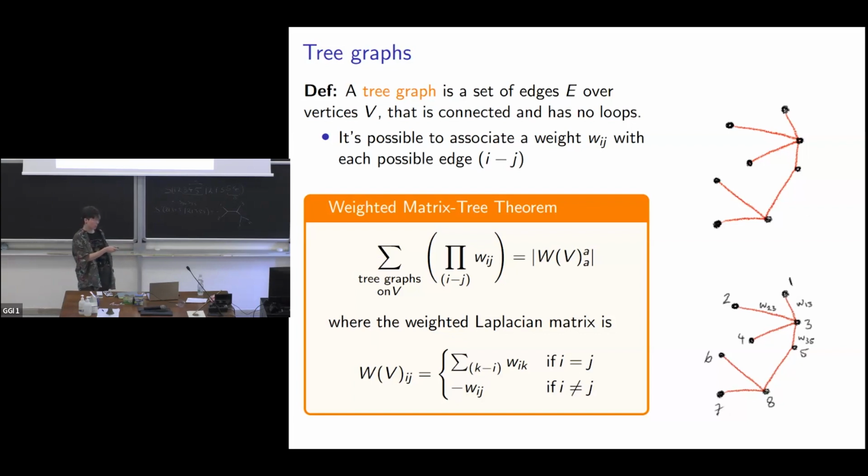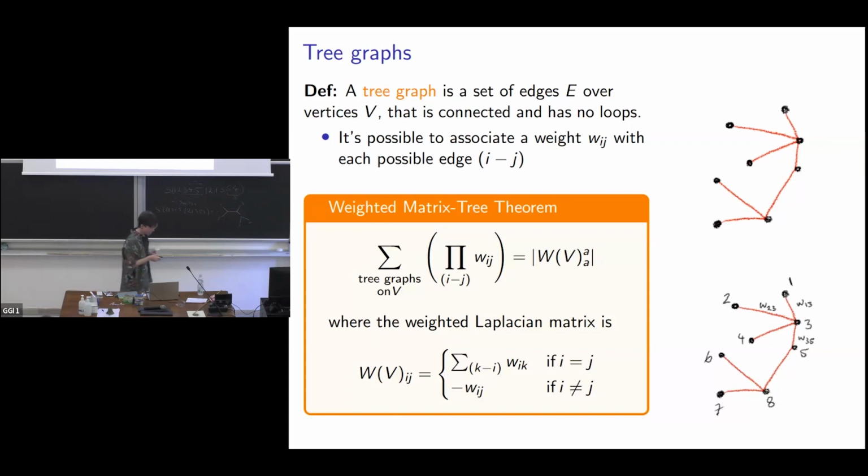So for example, this is a tree graph. Now, it's possible to associate some weight wij with each of these possible edges that we have in this tree graph. I've assigned some here. And then we can assign a total weight to each tree by multiplying all of these weights together, which is this object here.